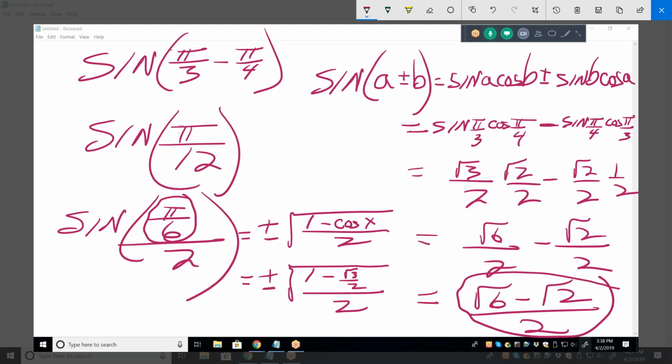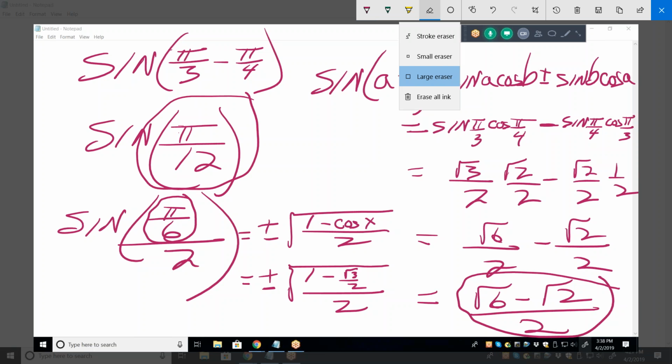Which one can we eliminate? The minus. Right, because we know that's in the first quadrant. Yes, sir. Since sine is positive in the first quadrant, we're going to eliminate that negative sign.